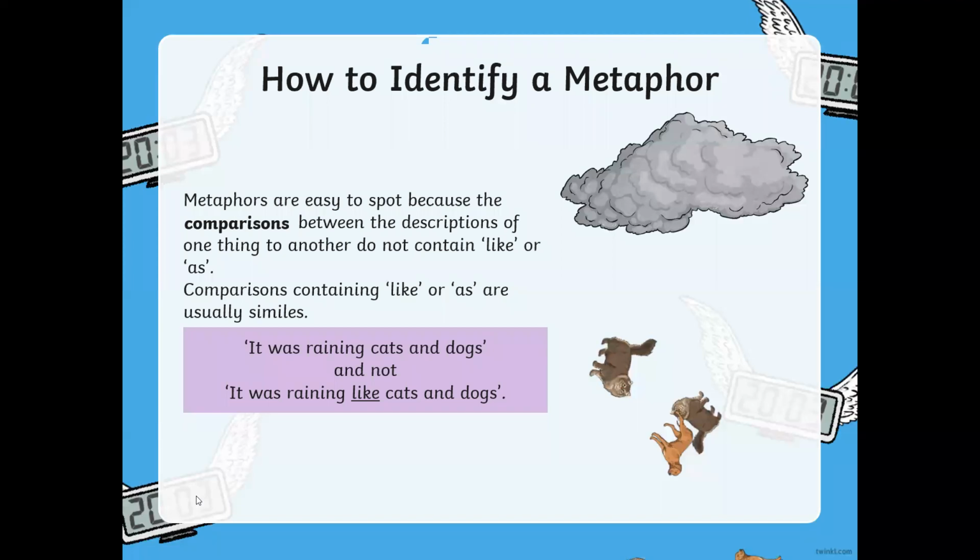It was raining cats and dogs, and not it was raining like cats and dogs. Very good. So which one is the metaphor and which one is the simile? The one that says it was raining like cats and dogs is a simile.